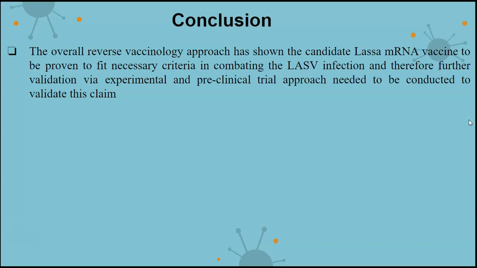In conclusion, the overall reverse vaccinology approach has shown the candidate Lassa mRNA vaccine to fit the necessary criteria in combating this Lassa infection. Therefore, further validation via in vivo and in vitro techniques and some preclinical trial approach need to be conducted to show the efficacy and potency of this candidate Lassa mRNA vaccine.